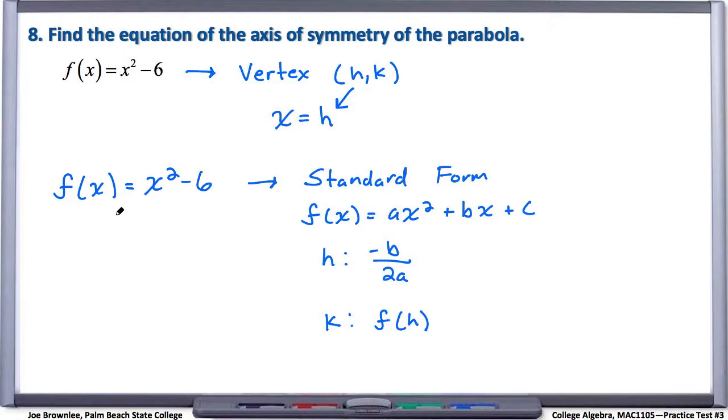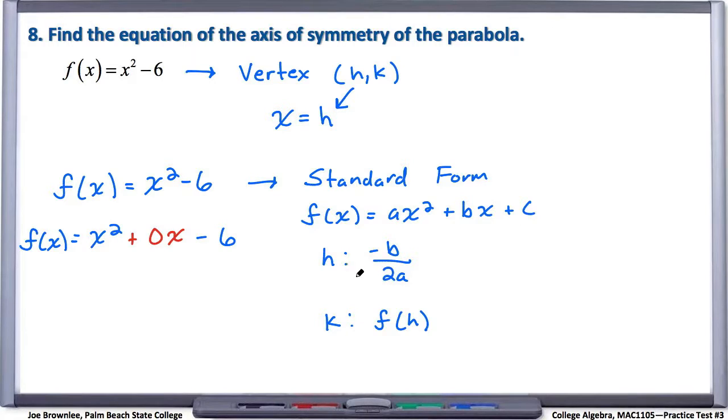We can rewrite our given equation as f of x equals x squared, and no different than when we do synthetic division, we add 0x, the term we were missing, minus 6. Now we have our square term, our x term, and our constant, all three terms we're looking for in standard form.